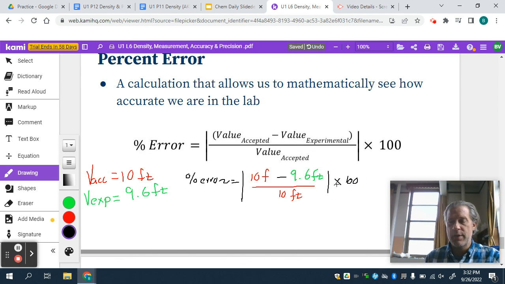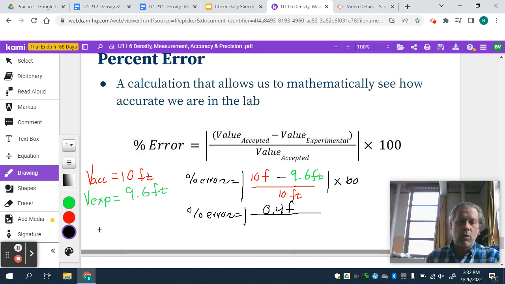To walk through that, I'm going to do the steps out here. So percent error is equal to 10 minus 9.6, which is 0.4 feet, over the accepted value, which is 10 feet, times 100.